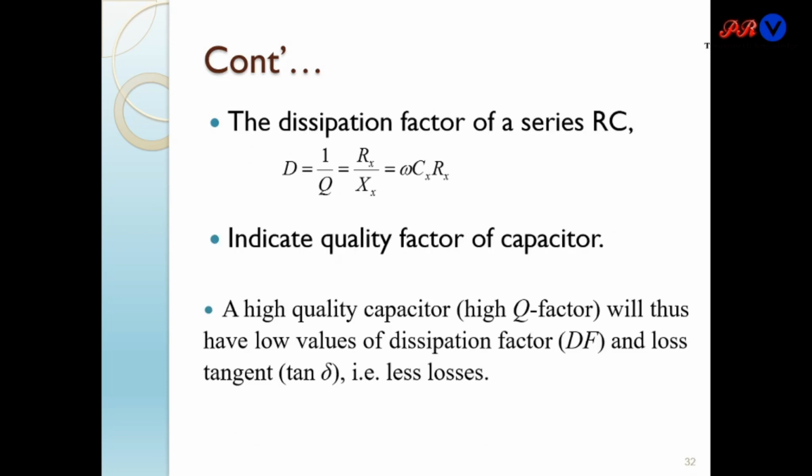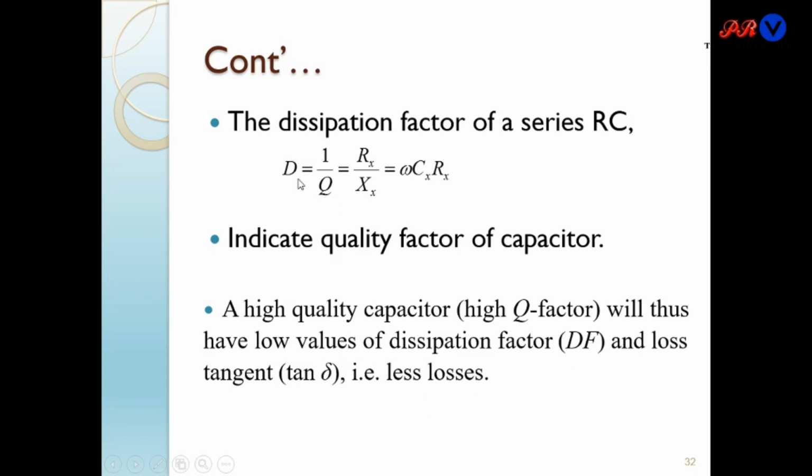The dissipation factor of a series RC circuit is nothing but the inverse of the quality factor, where Q is the quality factor. A high quality capacitor, meaning a high Q factor, will thus have a low value of dissipation factor and loss tangent, that is, less losses.